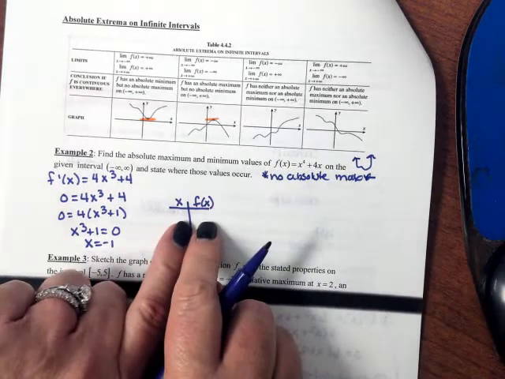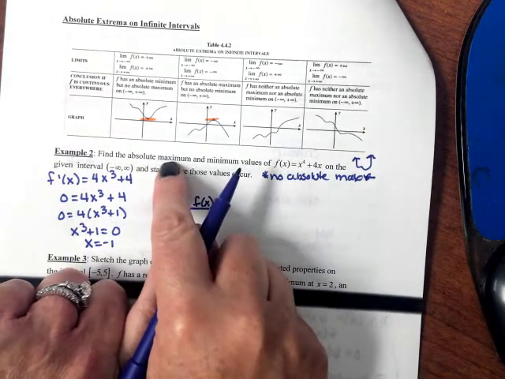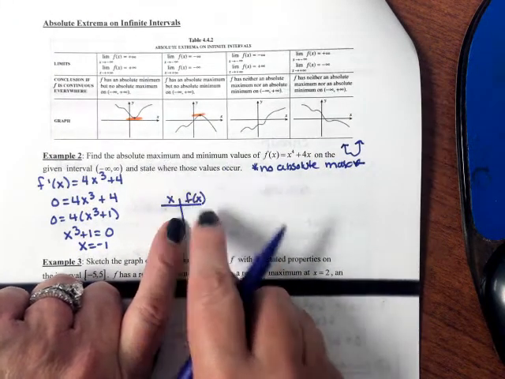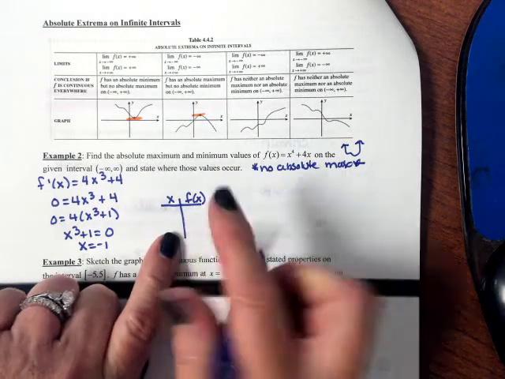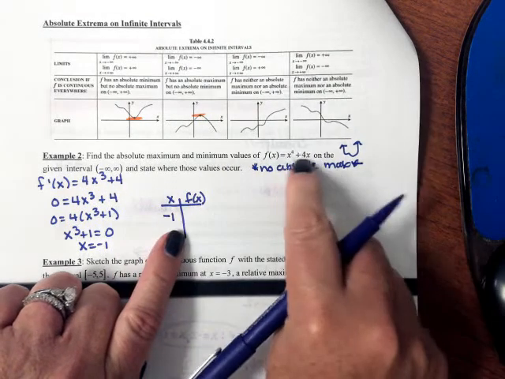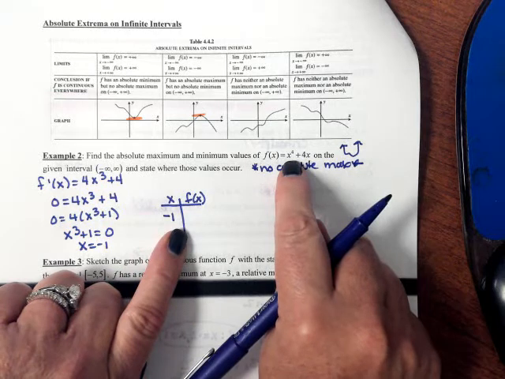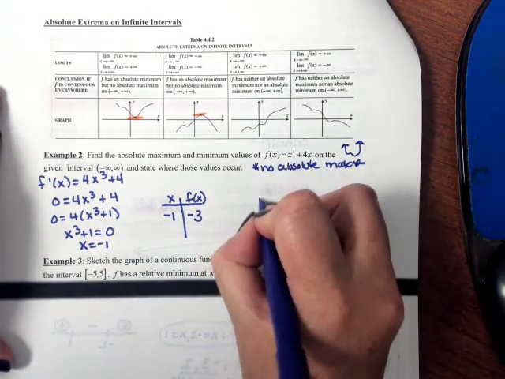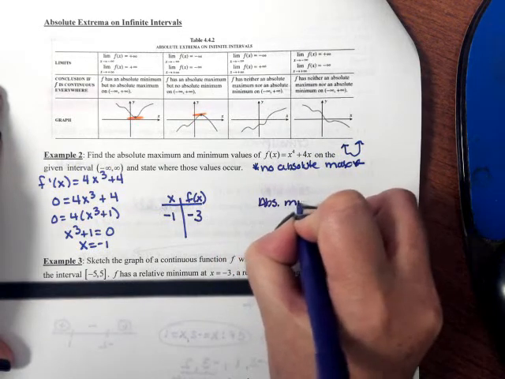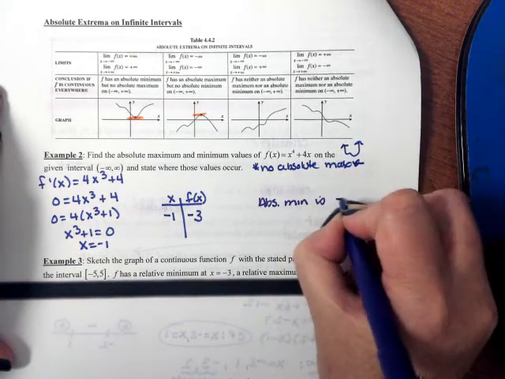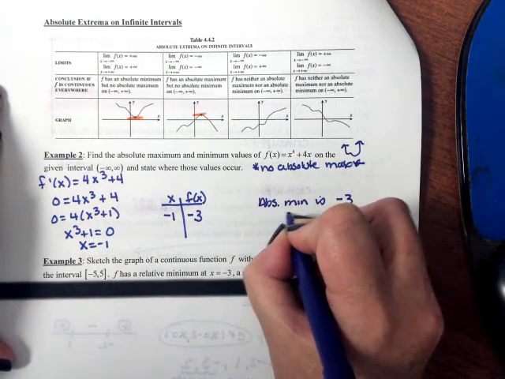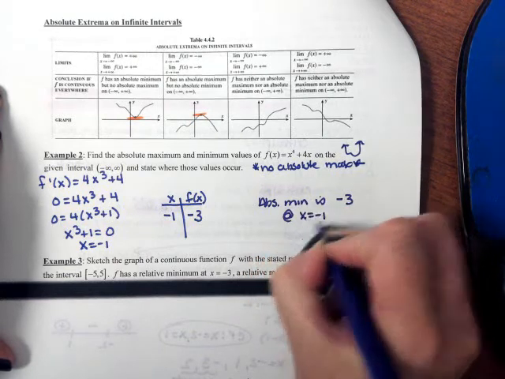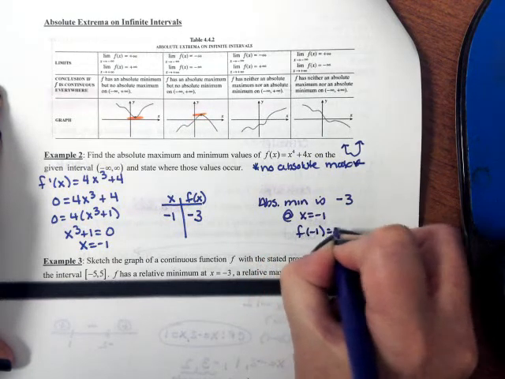You still want to find the y value, because when we talk about max and min values, it's the y value that we're referring to. So when I plug in -1, that's going to give me 1 minus 4, which is -3. So my absolute minimum is -3, and it occurs at x equals -1, or f of -1 is equal to -3.